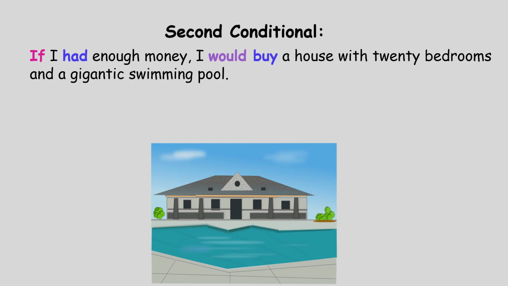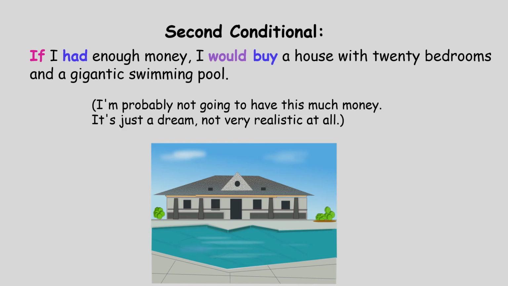If I had enough money, I would buy a house with 20 bedrooms and a gigantic swimming pool. I'm probably not going to have this much money. It's just a dream, not very realistic at all. And for that reason, it's a second conditional sentence.